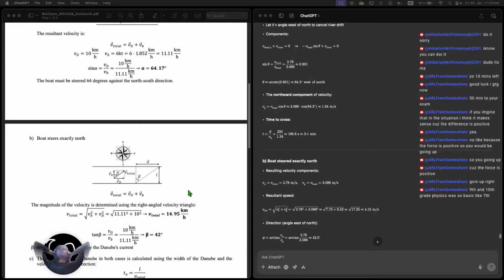VD is the velocity of river, but why is it on the top?